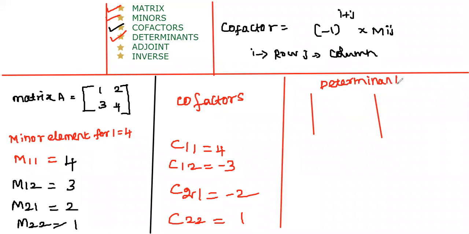Determinant, pretty simple. You just have to do the cross multiplication. You just have to multiply this 1 and 4. I won't be able to do the cross, just a second, I'll mark it in a different color. You have to multiply this 1 and 4, and you have to multiply this 3 and 2.